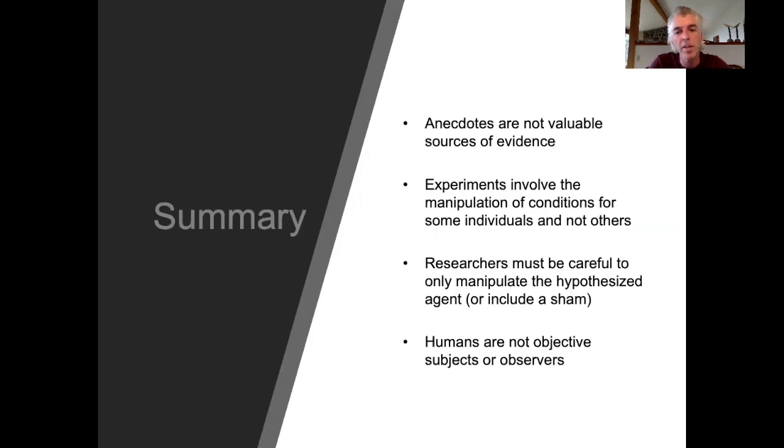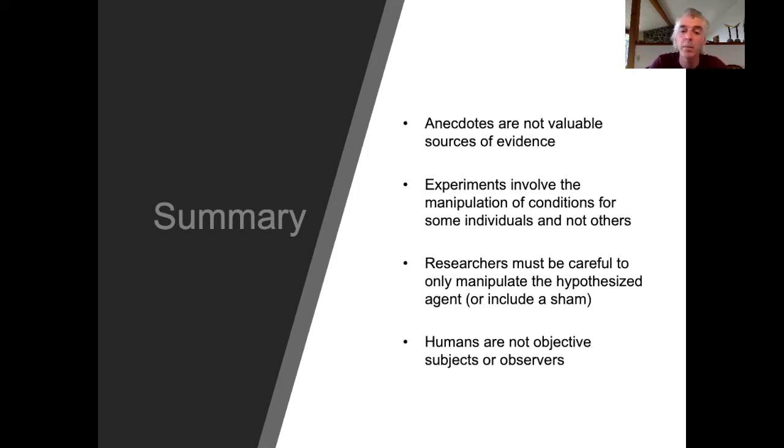So in summary then, we identified that anecdotes are not particularly strong forms of scientific evidence. We defined experiments to be situations where the researcher has manipulated the conditions experienced by some subjects and not others.